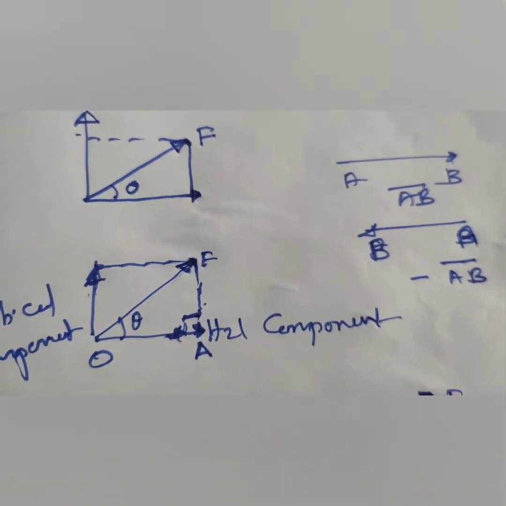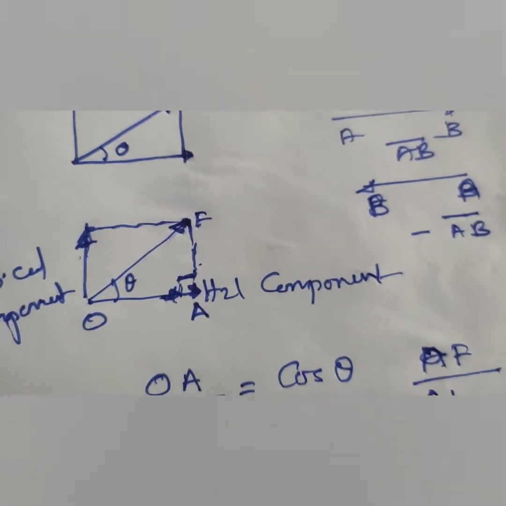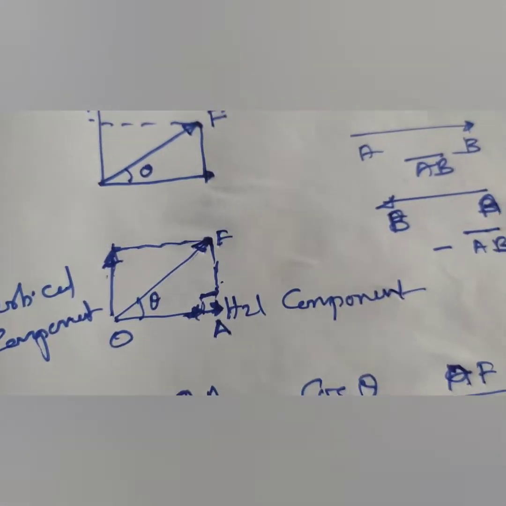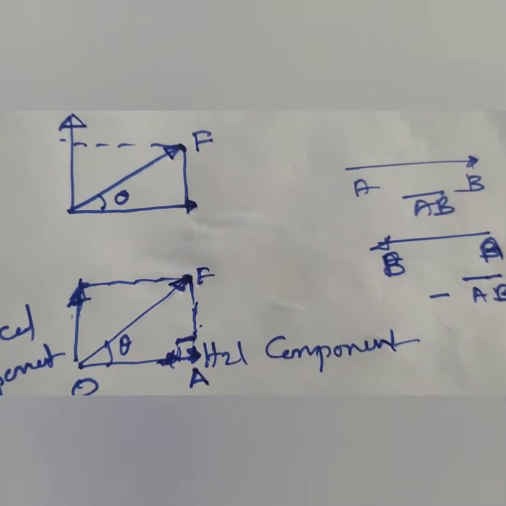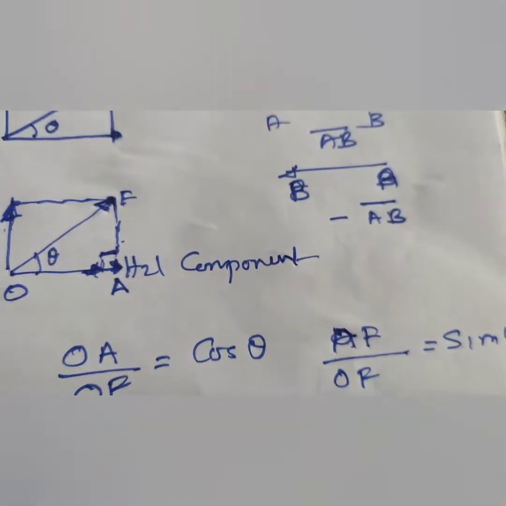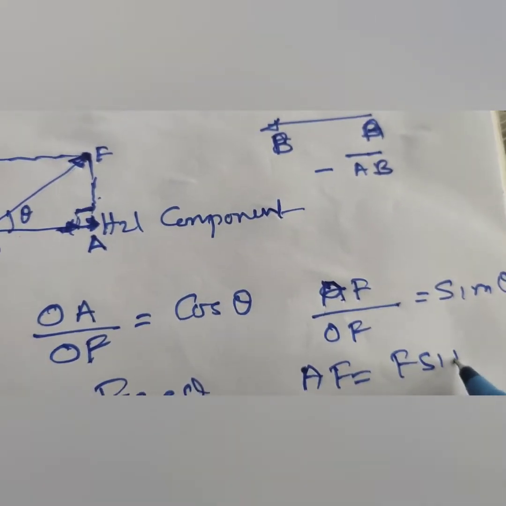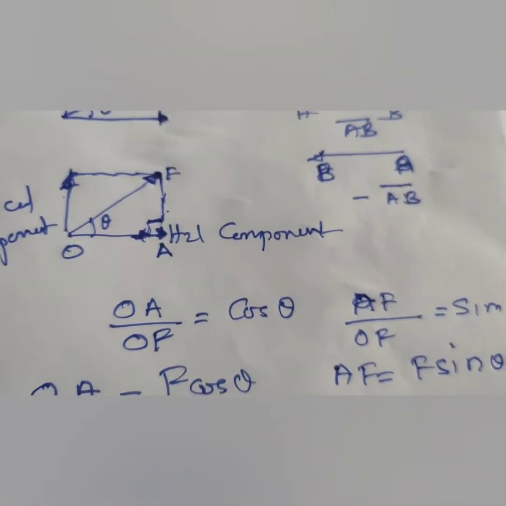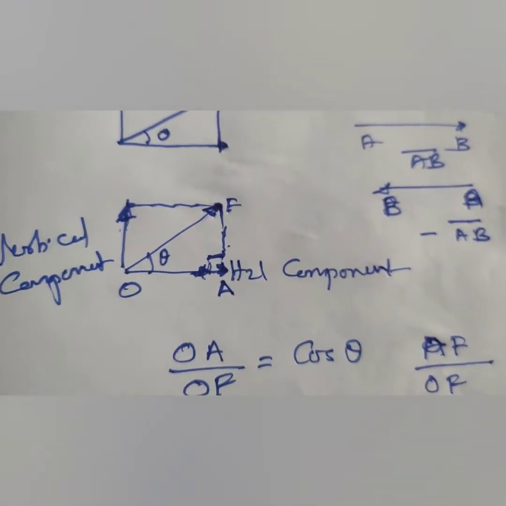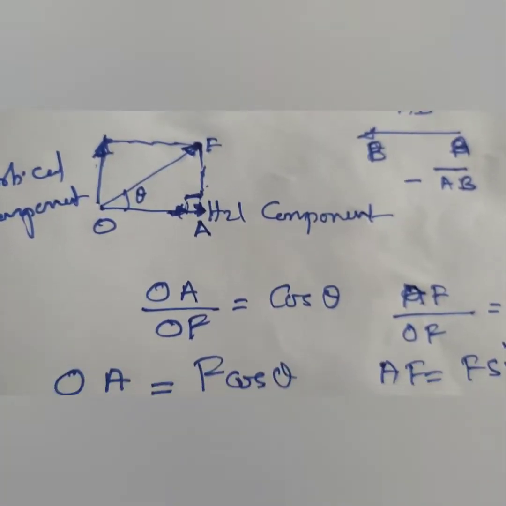AF by OF is equal to sin theta. So the horizontal component OA is F cos theta, and AF is F sin theta. So you can divide into two components, F cos theta and F sin theta. So these are the fundamental principles of vectors.